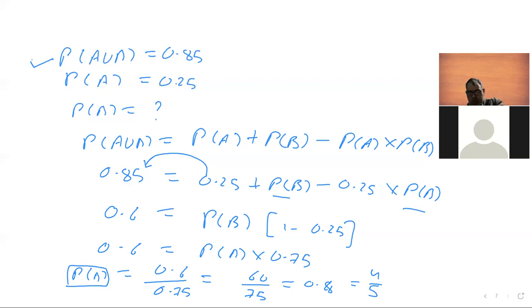I got 0.2 for P(B), 1/5 or 0.2. Just check the answer from the back side. 0.2. Do it again. Just see where I made the mistake.